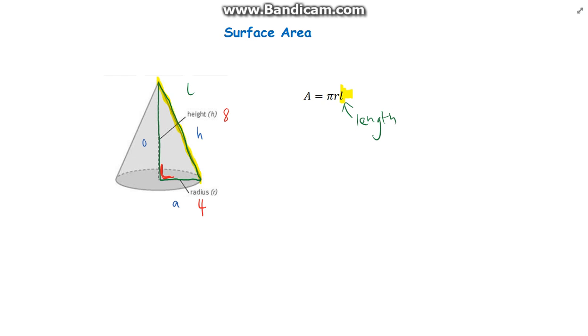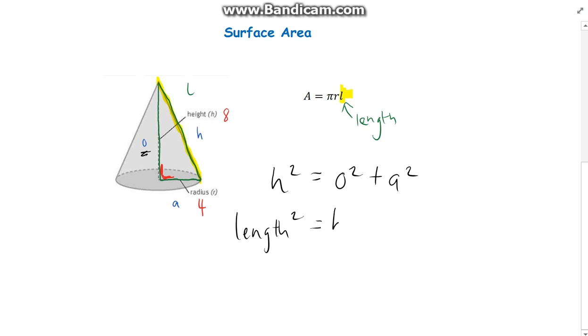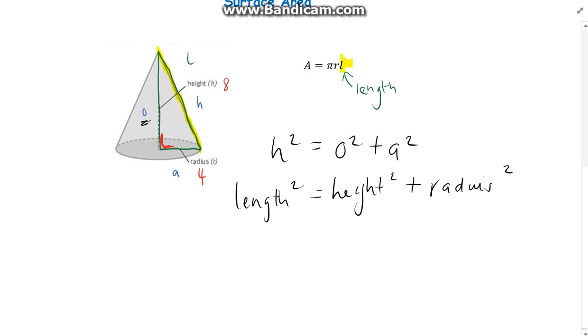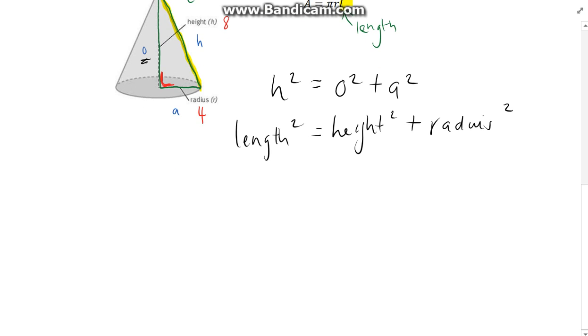So in this case our length squared is equal to our opposite, which I said was this side, so that's our height, plus our adjacent, which is our radius. This will enable us to calculate the value for the length.